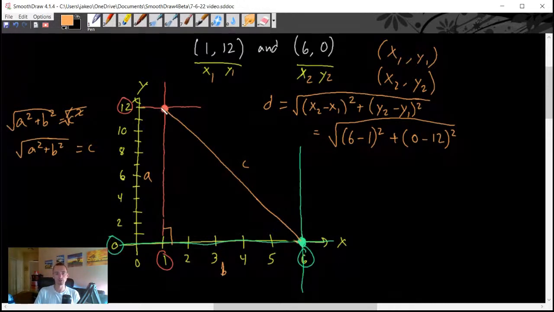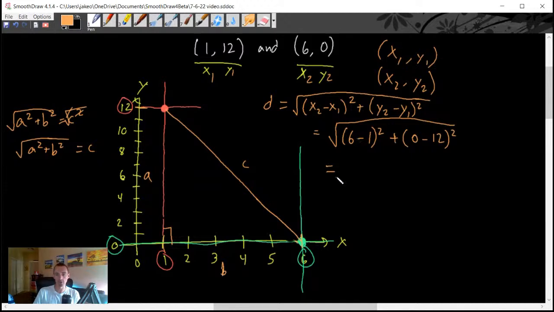The distance between 2 y coordinates is just the higher one minus the lower one. The distance between 2 x coordinates is just the higher one minus the lower one. So taking the higher one minus the lower one just gives you the distance between those 2 points in one single direction.